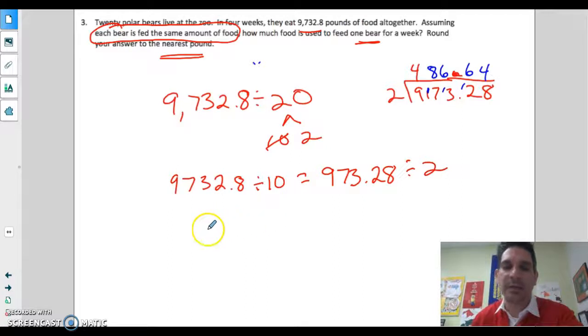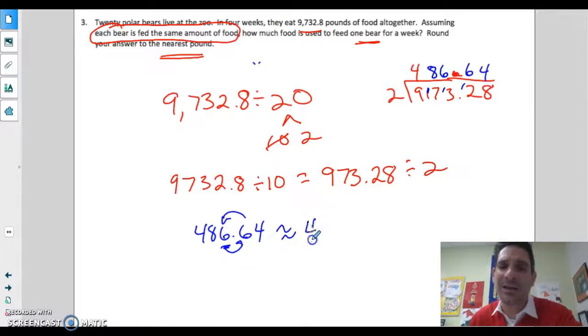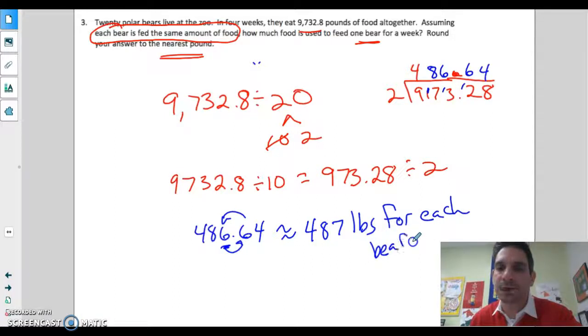So now I have the number 486.64, and it's going to round to the nearest pound. The nearest pound is the nearest whole number. Some of us are not getting that still. It would be 487 pounds for each bear.